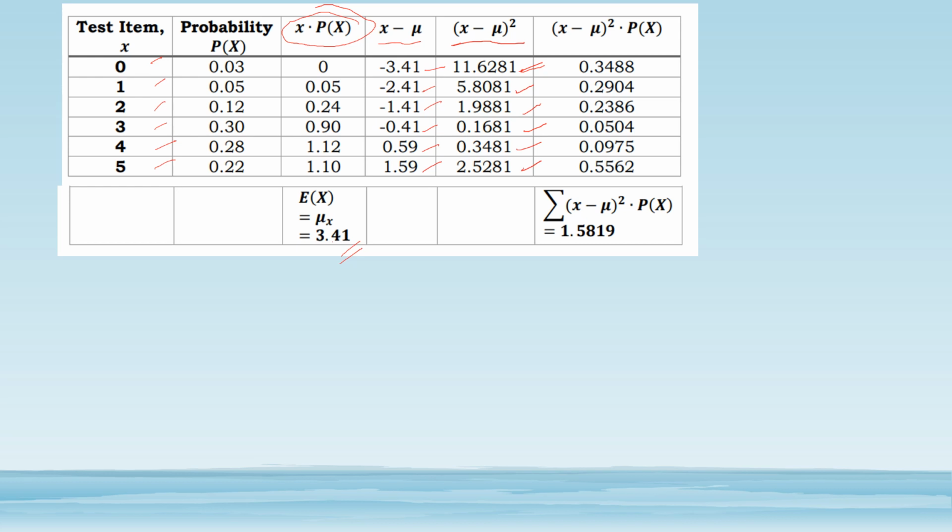2.5281. Our next step is to multiply x minus mean squared times the probability of x.